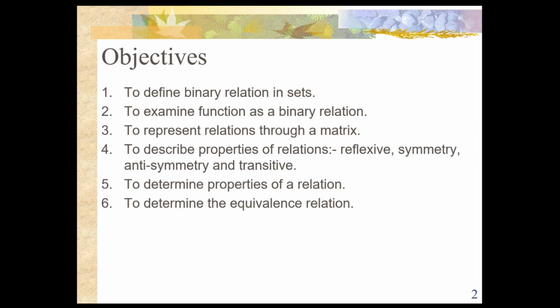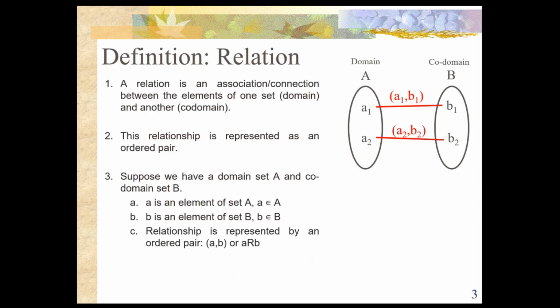First of all, let's define what relation is in the context of set theory. A relation is an association or connection between the elements of one set to another. Look at the graphics. The first set on the left-hand side, set A, is a domain.